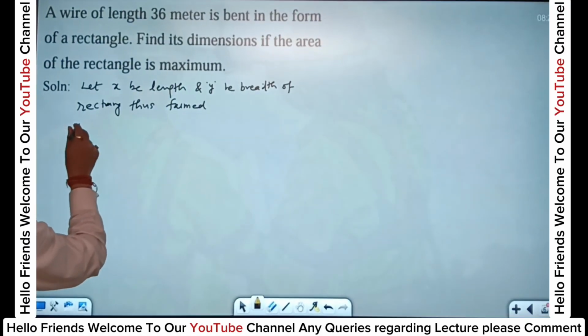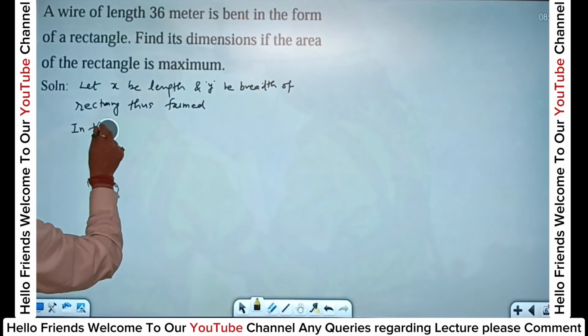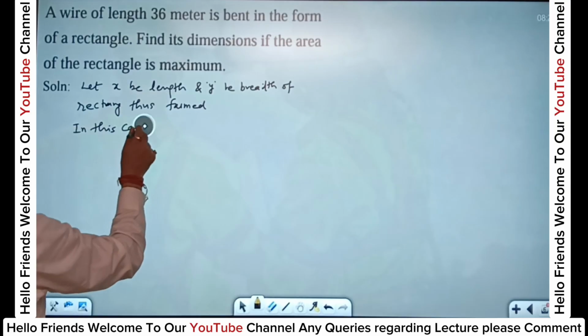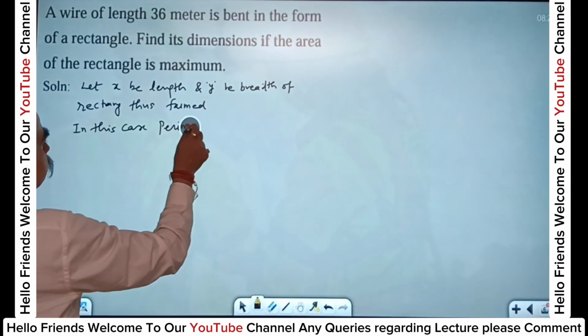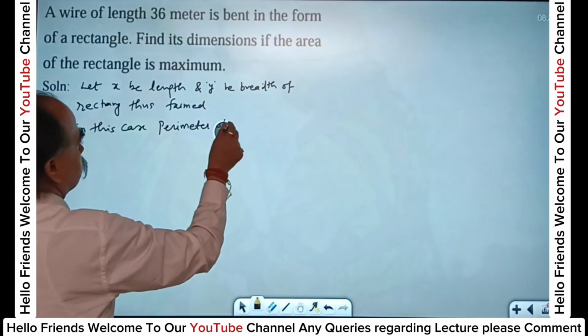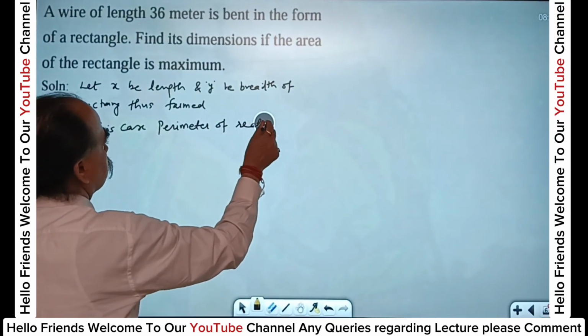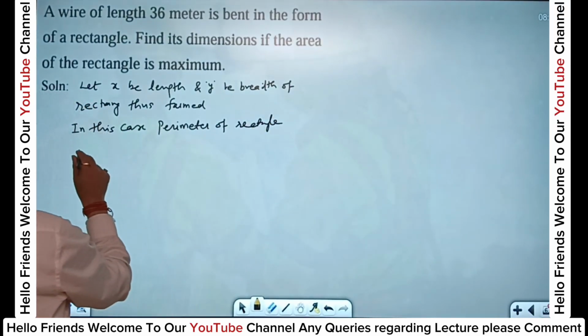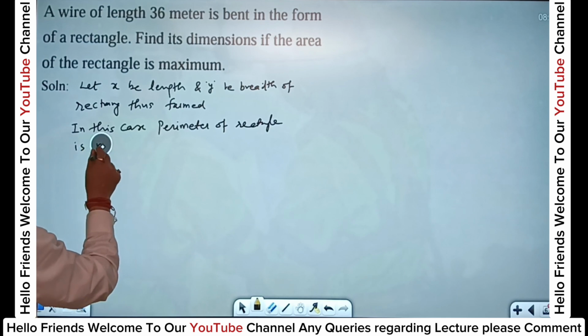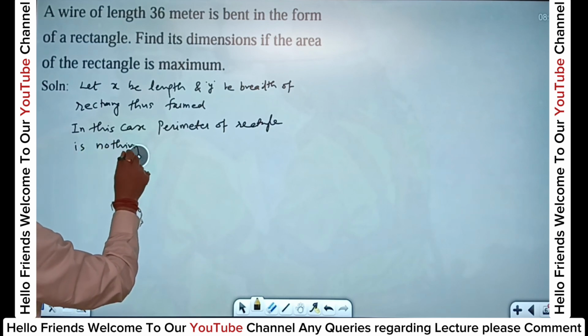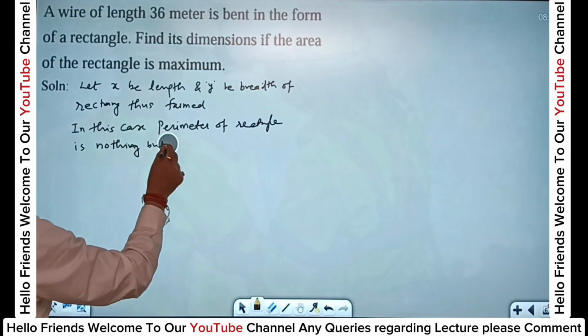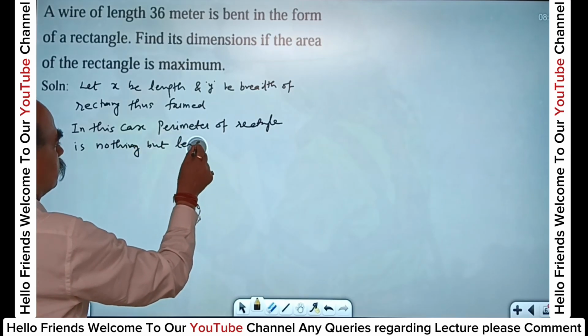In this case, perimeter of rectangle is nothing but length of wire.